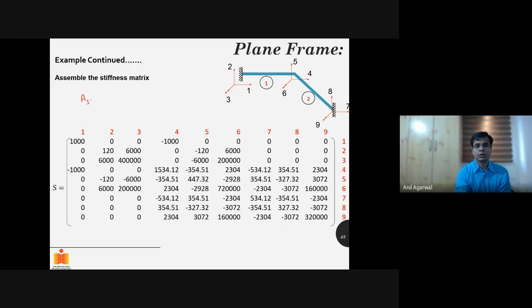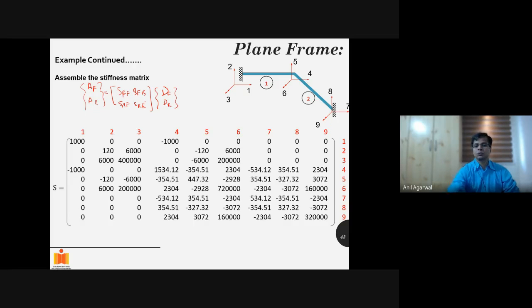In the global coordinate system, I'm writing it as AS is equal to S times DS, right? Displacements and forces in the structural coordinate system. Now, this same equation could be written as AF, AR, equal to SFF, SFR, SRF, SRR, times DF, DR. You remember that?